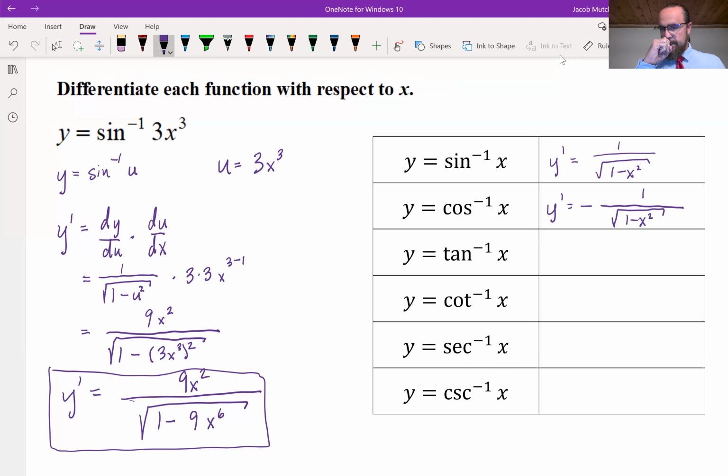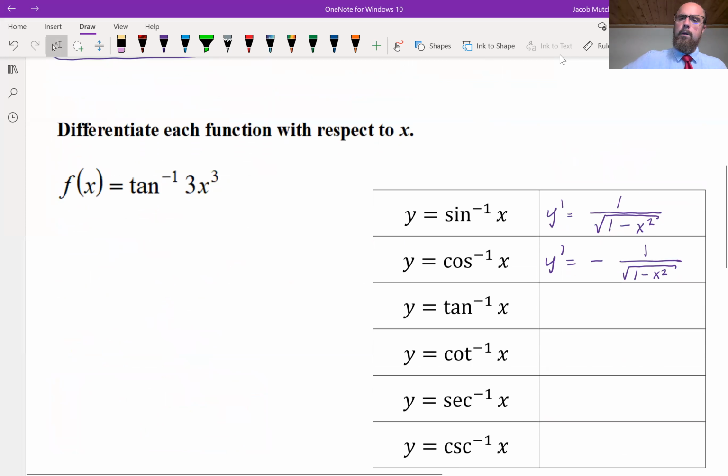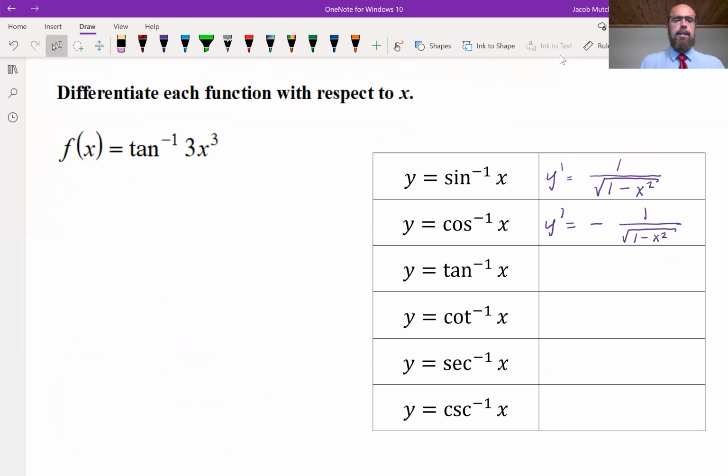Well, let's take a look at a second example. So again, I won't look at an inverse cosine, but let's look at an inverse tangent function. So here we've got f of x equals the inverse tangent of 3x cubed. So it's really the same composed function, but now within tangent.